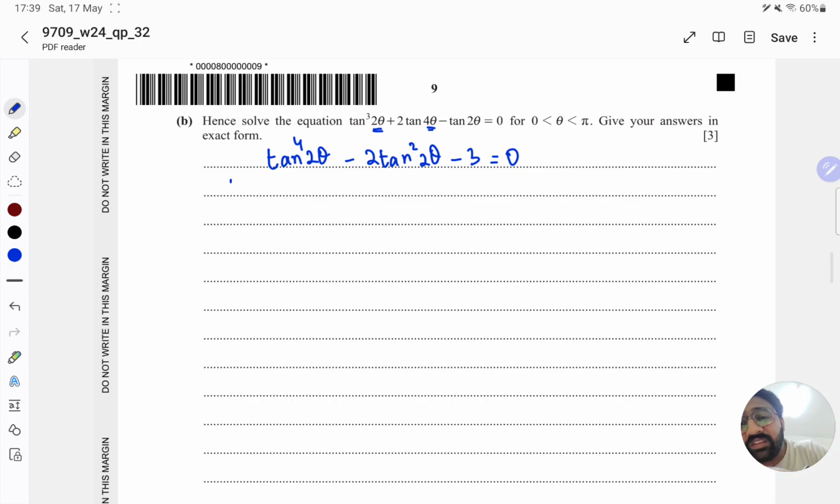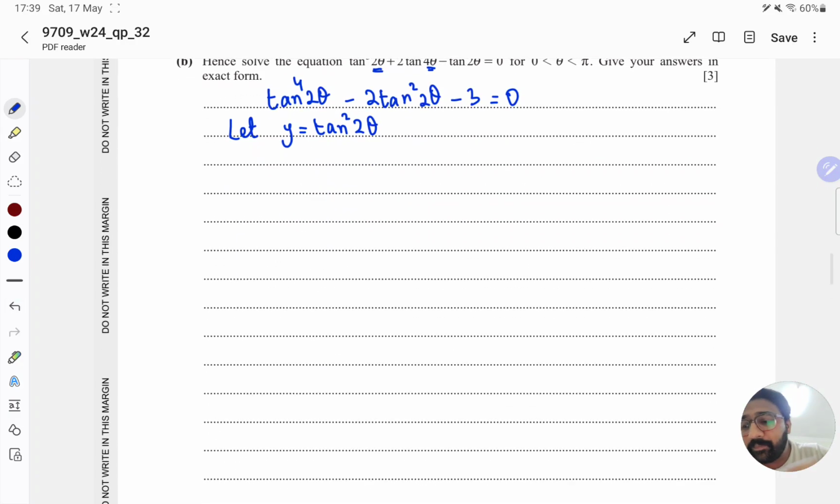So what we can do is let y be tan square 2 theta, and the equation is going to become y square minus 2y minus 3 equal to 0. So the two factors will be minus 3 and 1.